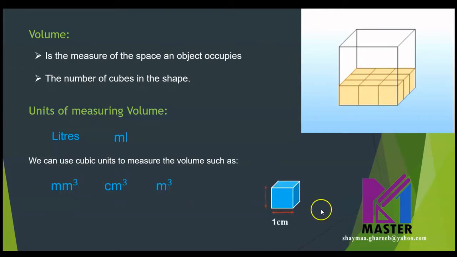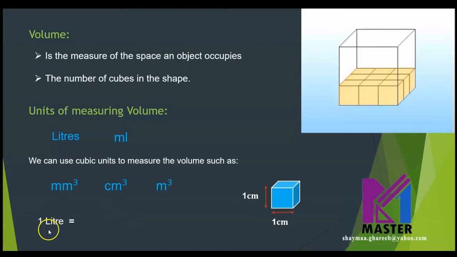I will show you now how 1 cubic centimeter looks like. It's a small cube. Each edge of this cube equals 1 centimeter. Is this clear? So this is one of the units that we measure the volume with.